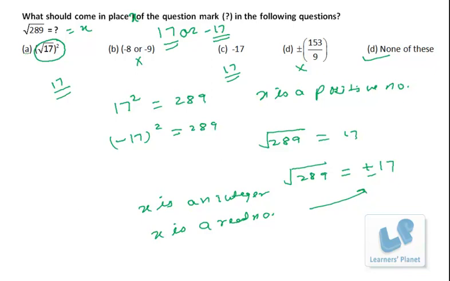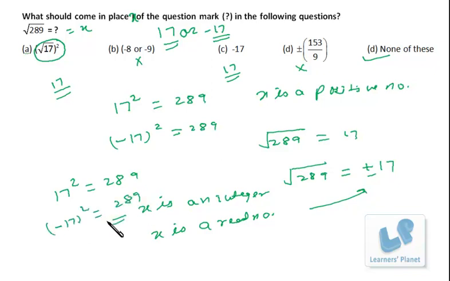I hope you are clear. This is a very common mistake that most students make. We just assume every time that the number is positive. So spontaneously, when we see root 289, we mark that it is 17. But we should be clear that unless the status of the unknown quantity, here x, is given, we cannot be sure whether it will be a positive or a negative value, because the square of 17 is also 289 and the square of minus 17 is also 289.